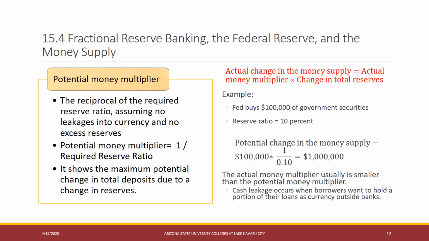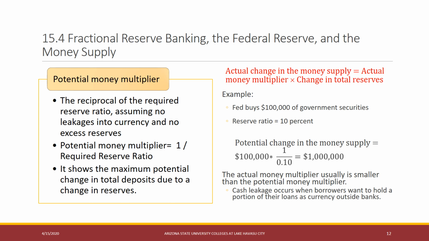Now let us discuss the potential versus actual money multipliers. If we assume that in our example, all the loan proceeds are deposited with banks, we obtain the potential money multiplier, that is the maximum possible value of the money multiplier. As you can see here, the potential money multiplier is the reciprocal of the reserve ratio, that is 1 divided by the required reserve ratio.